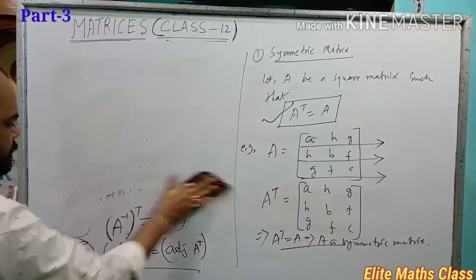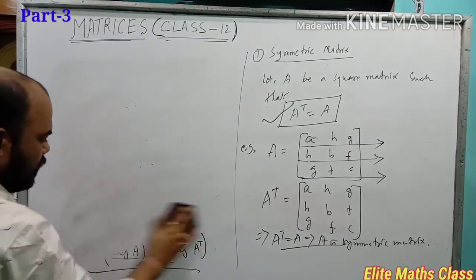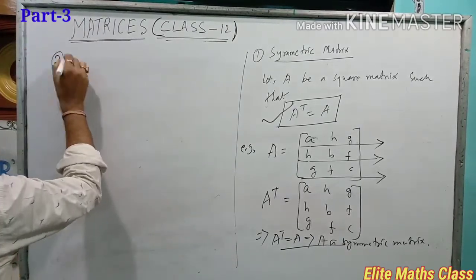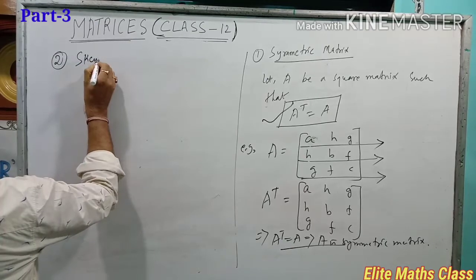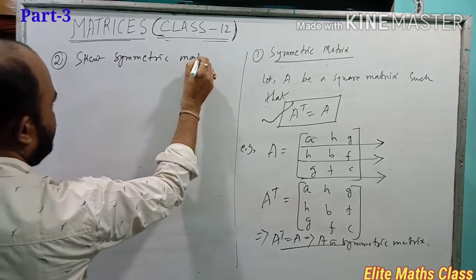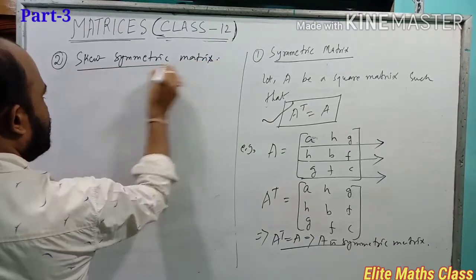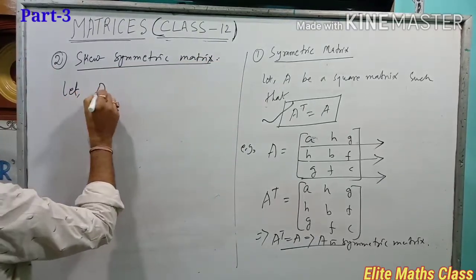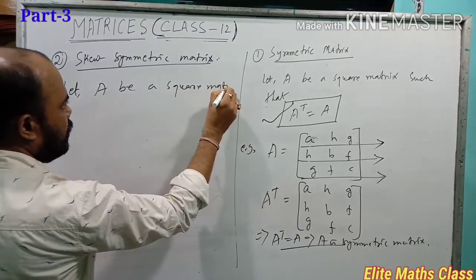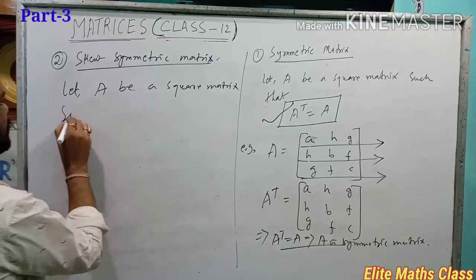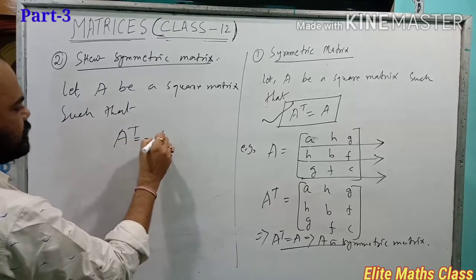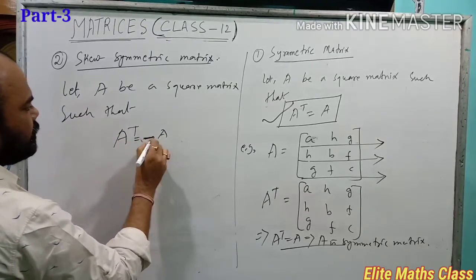The next one is the skew-symmetric matrix. The condition is similar to that of a symmetric matrix. For this also the matrix must be a square matrix. Let A be a square matrix such that if you find the transpose, it is equal to the negative of the given matrix.